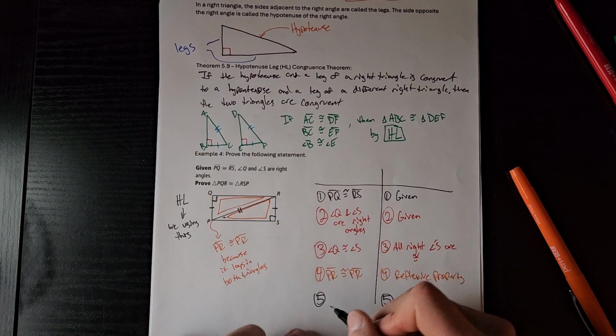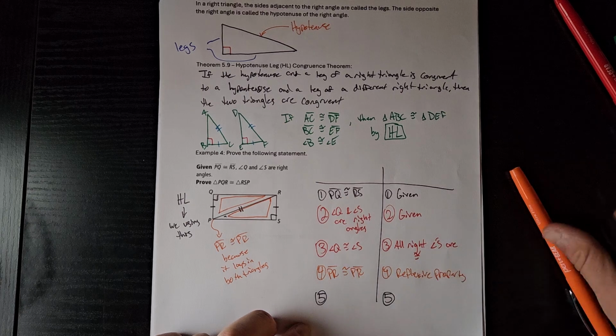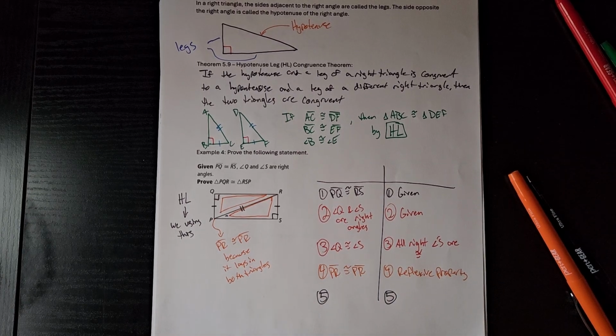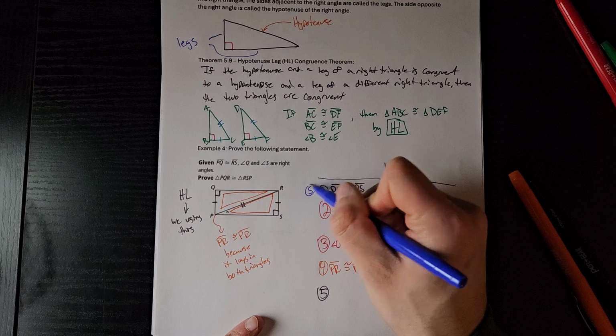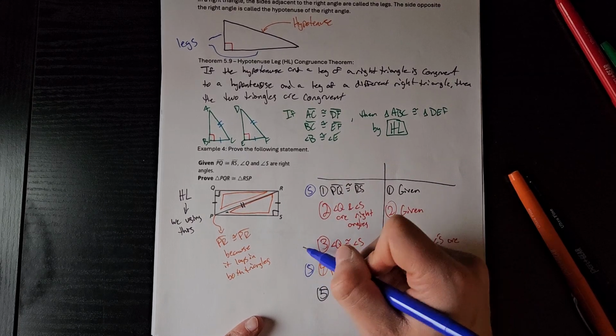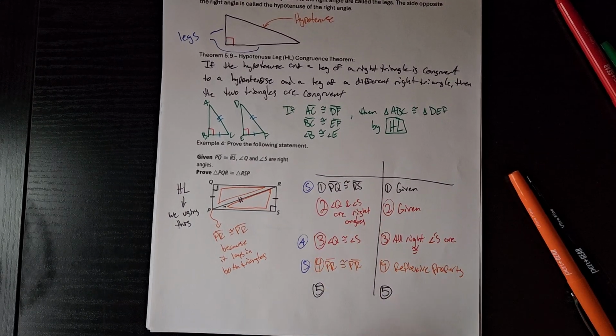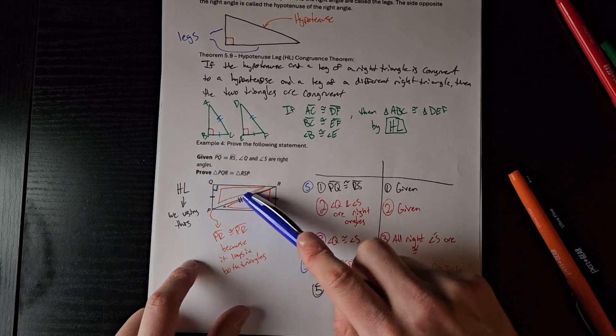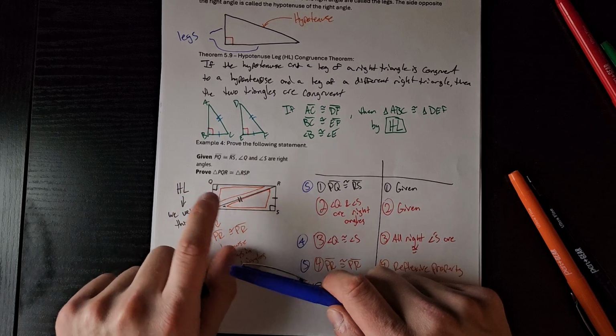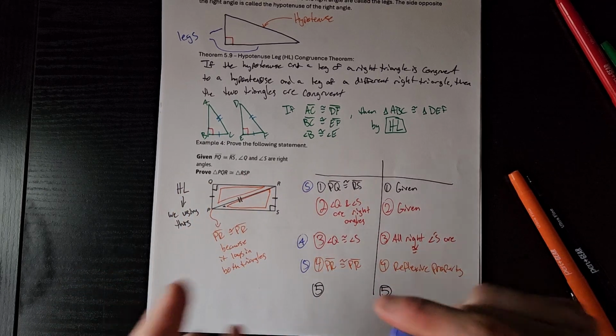All right. Anyways, we have everything that we need. We can line out what we have to show, hey, it works. I have a side here. I have a side here. I have an angle here. It's formatted as side angle side right now in this proof, but that does not mean this is side angle side. Take a look at the figure itself. I have angle side side. It's just the ordering of it.